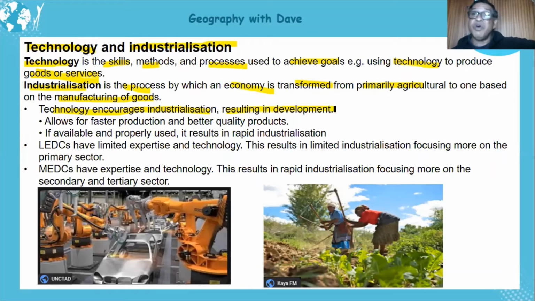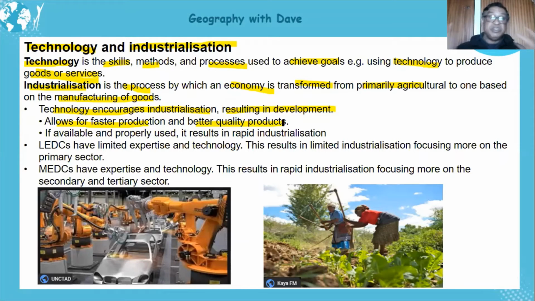So technology encourages industrialization, resulting in development. Because the more technology you have produced, the more machines are being created, the more production in the country. So the greater the industrialization. Can you see how they're linked? It allows for faster production and better quality products because we're improving on our machinery, our electronics each time.